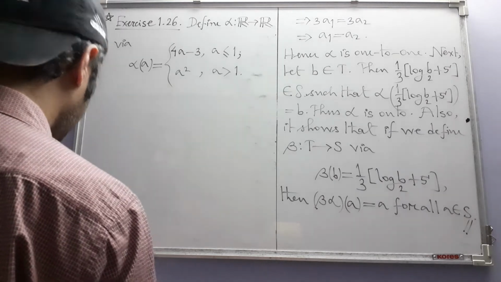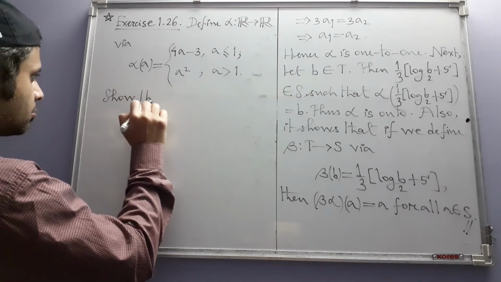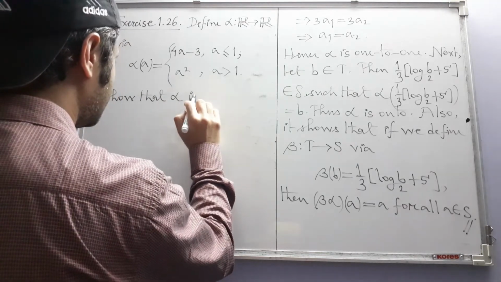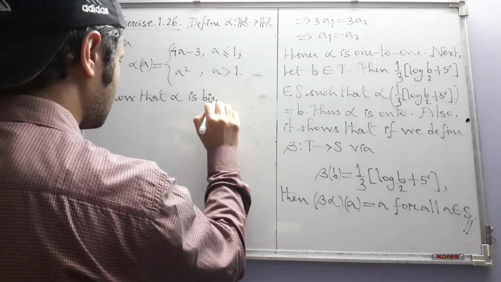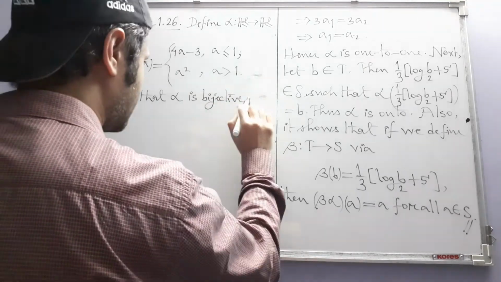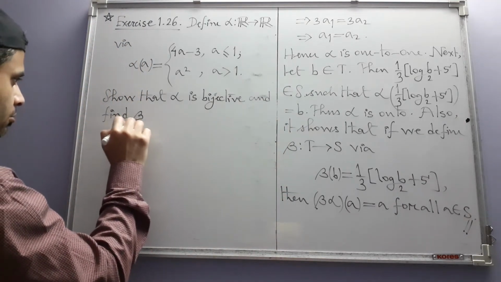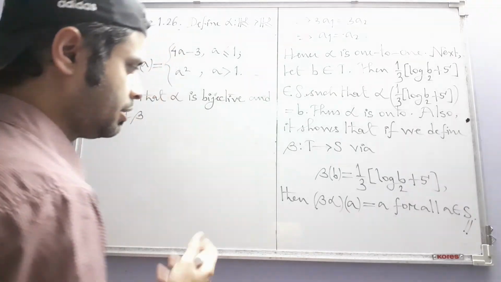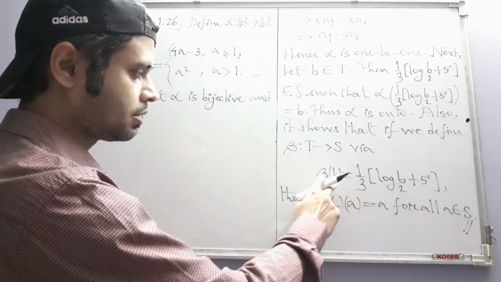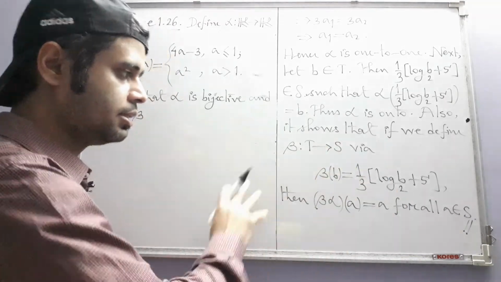Show that this alpha is also bijective, and find, by now you can see that finding the inverse function really comes from the calculation that shows you that a given element in the codomain has this inverse image.